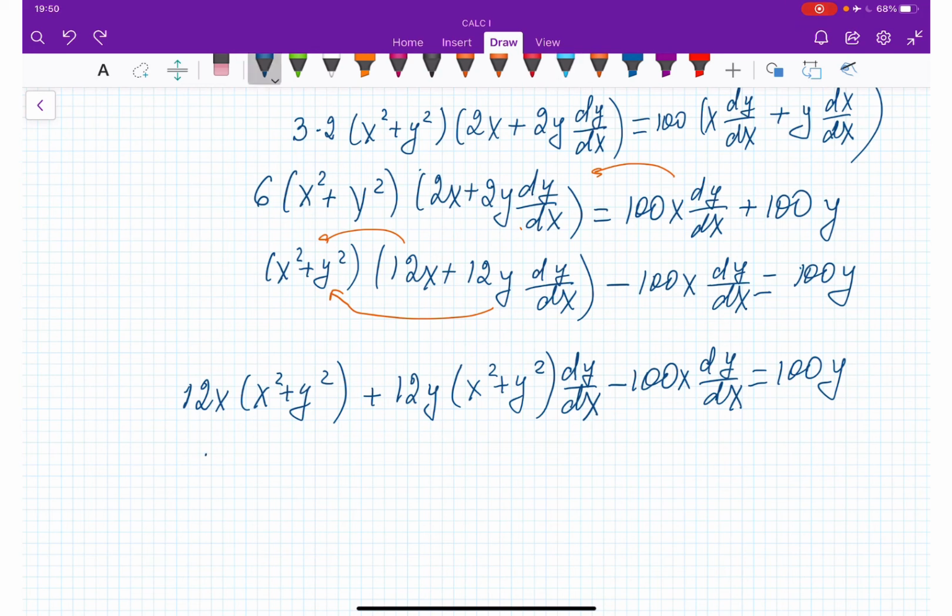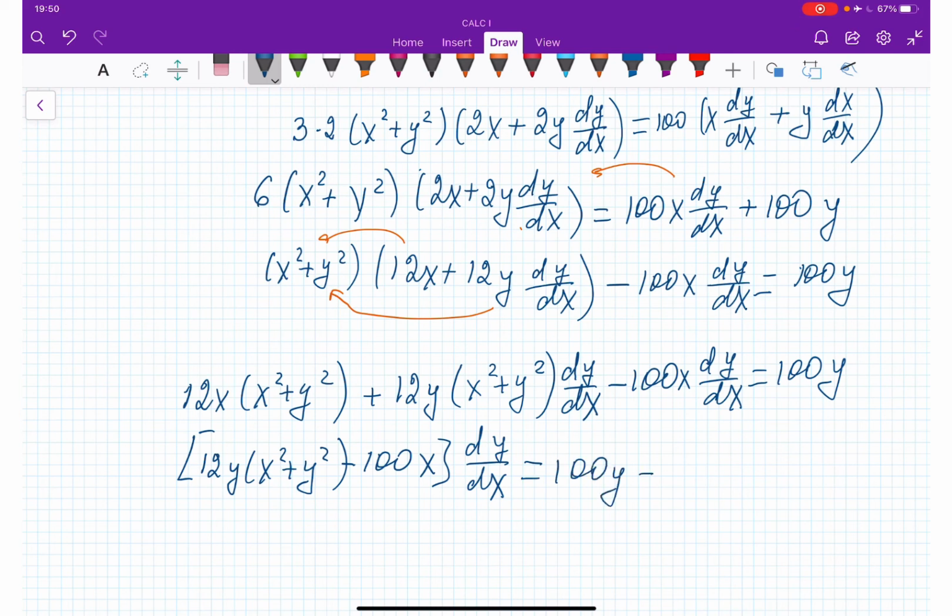So 12y (x squared plus y squared) minus 100x, and dy by dx comes out, equals 100y minus this 12x (x squared plus y squared).